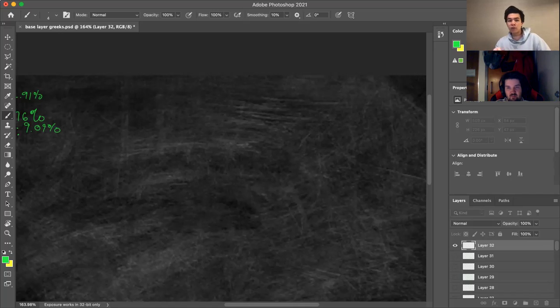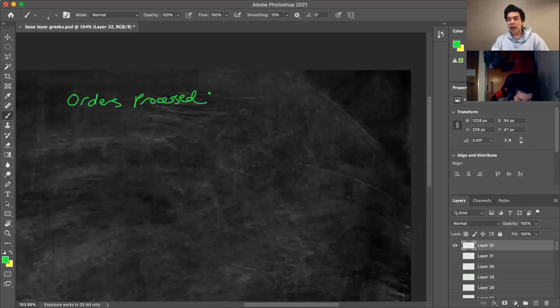So all we got to do, for example, for orders processed, we write down orders processed. It's going to be 160,000 as our top number. And then we're going to add up 280 plus 720 plus 3,000 in the bottom.